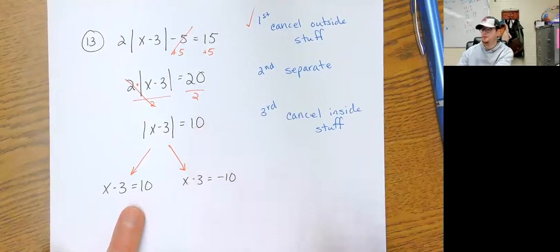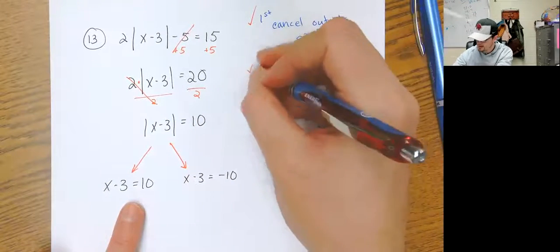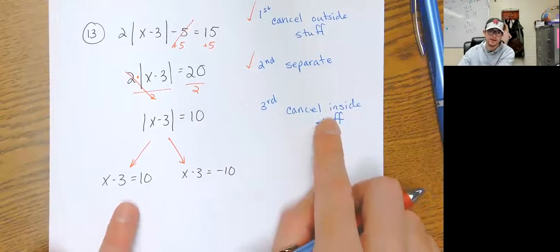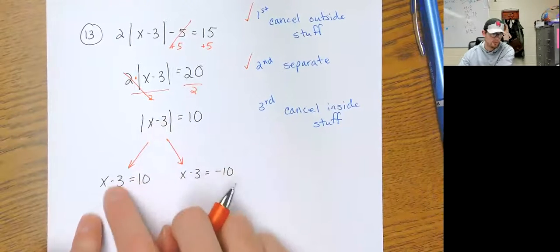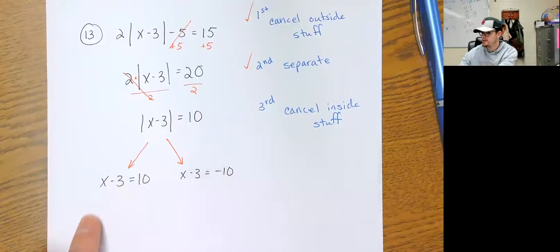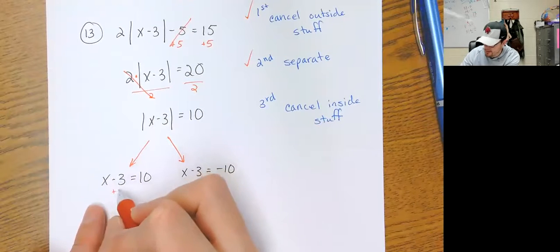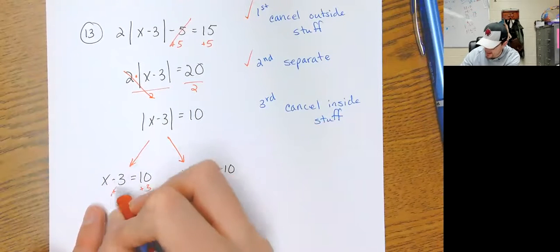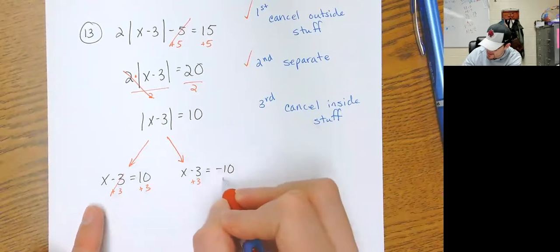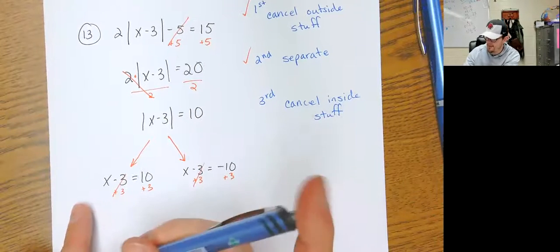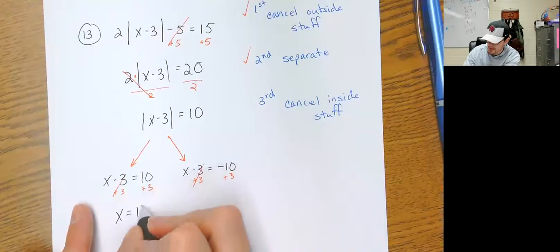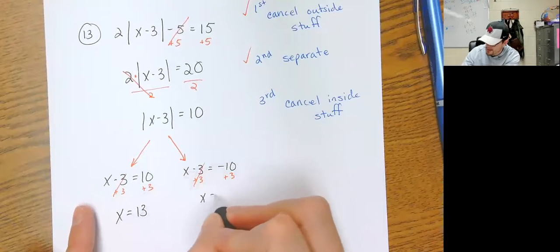Third step, now I cancel the inside stuff. How do I get rid of subtraction? Plus 3 cancels out. Same thing over here, plus 3 cancels out. And I'm left with x equals 13 and x equals negative 7.